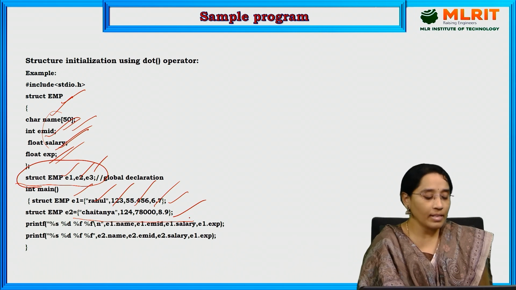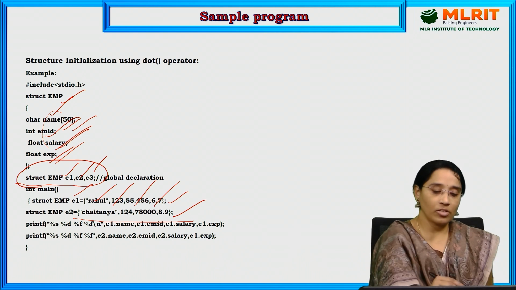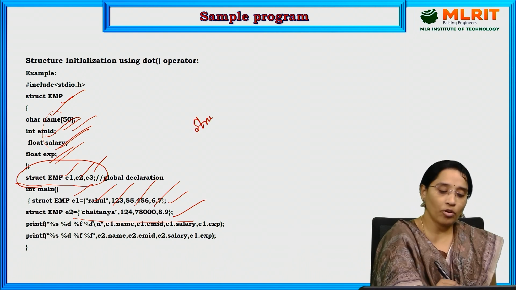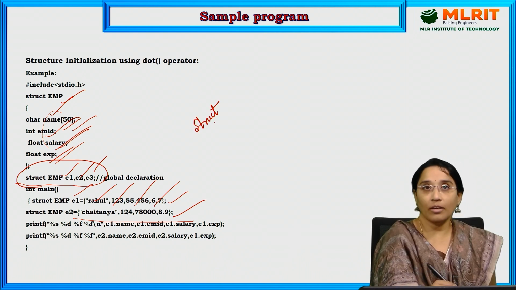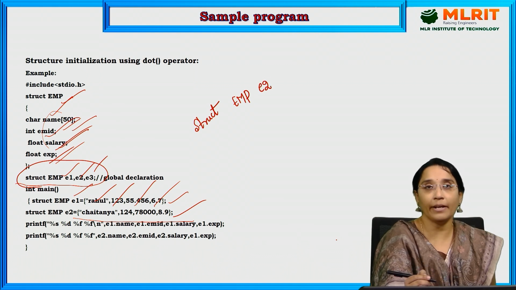And for the second employee also, struct emp E2 equals, because when you are initializing you have to follow this. The keyword we have used is struct, the structure name is emp, and for which employee you are writing, I have taken E2. This is your variable.